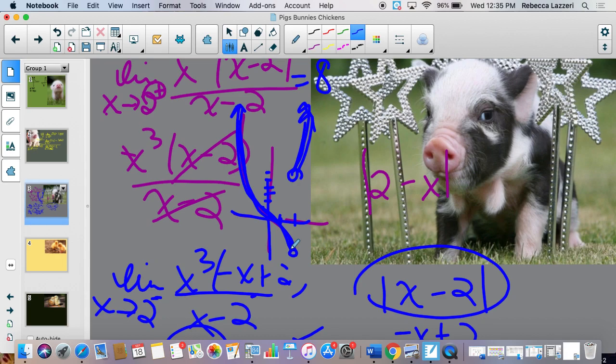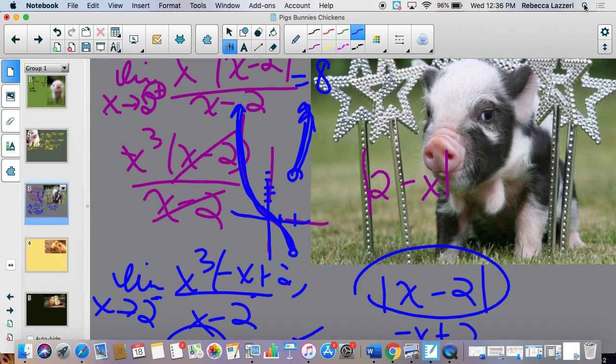So let's see. It says 3x cubed on the top and x on the bottom, so its end behavior should be 3x squared. I don't think it is. So let's check. Take the highest terms, divide them, and then you just get 3x squared.